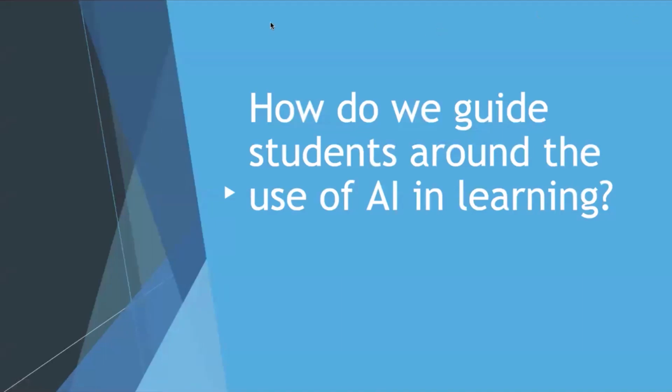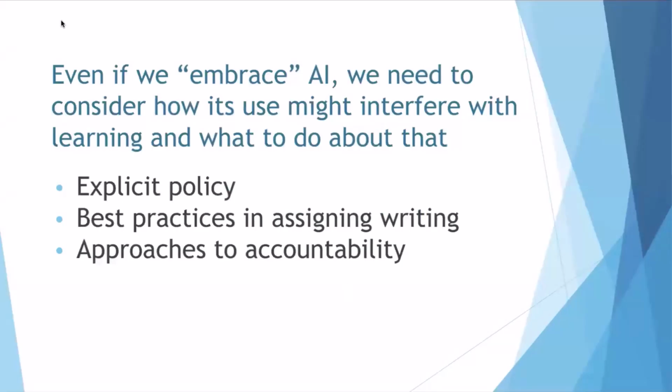So beyond just introducing students to a basic critical perspective, I do think it's important to think about how we want to guide students around the place of AI in their own learning process. And I know there's a lot of discussion of embracing versus banning AI.